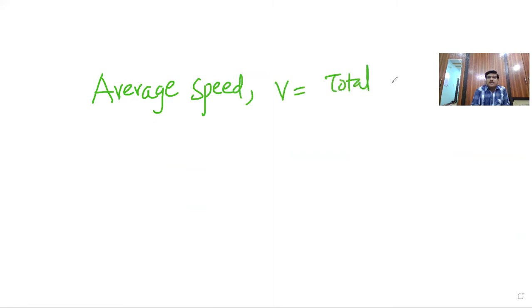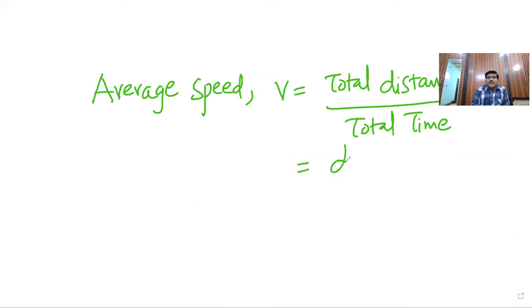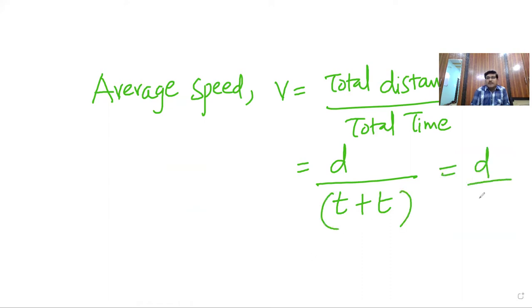It requires average speed. What is the formula for average speed? V is equal to total distance traveled by total time. Total distance we assumed is D. Total time is how much? First D1 portion is T, second D2 portion is also T. That means D by 2T.